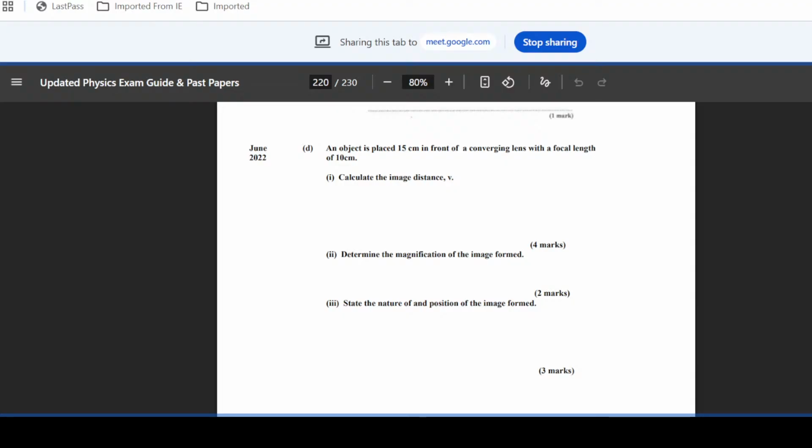So by what factor is the image magnified? That's what you're working out. So it's basically 2, but 2.02 you say. So that's the magnification.